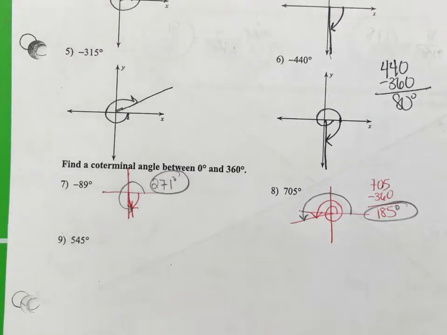All right, there's number 8. You should have gotten 185 degrees. This is 360. Oh, wait, hold on.